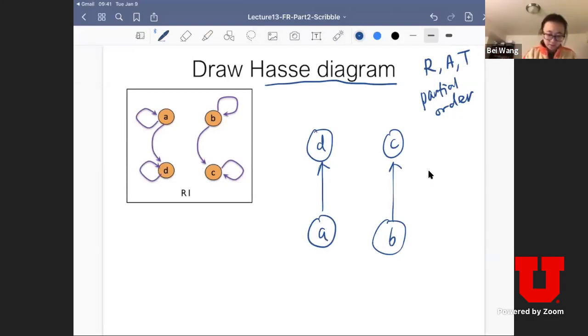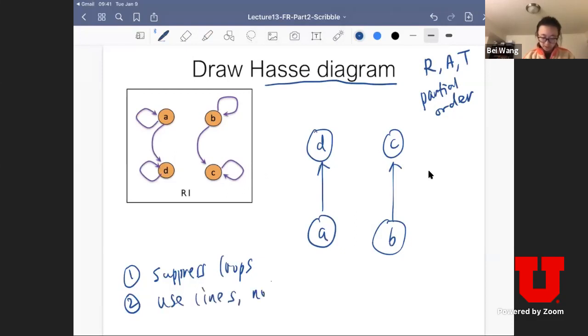So what is the idea to do this? Number 1 is to suppress the loops. Number 2, use lines, not arrows, and go from low to high.